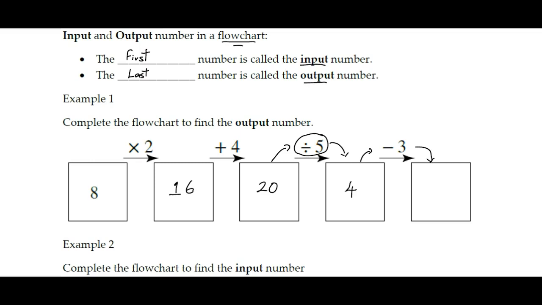So 4 take away 3 gives us 1. So we have now completed this flowchart. 8 is my input number and 1 is my output number. That's as simple as it is.